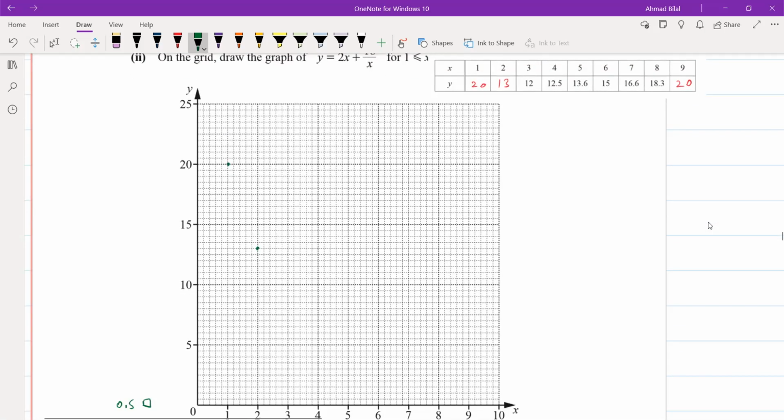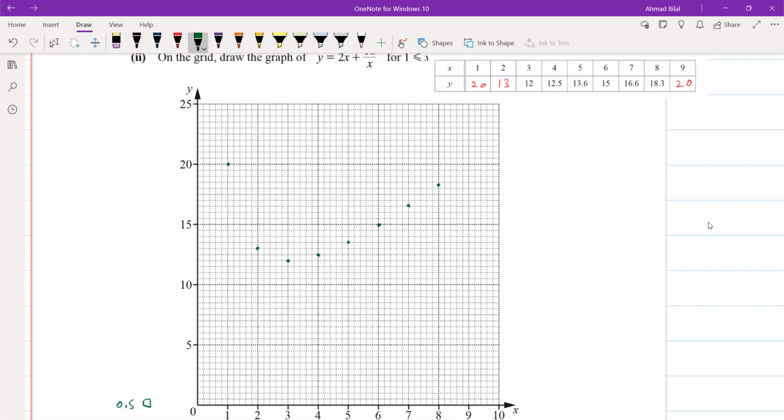So 2 and 13, that's going to be here. Then 3 and 12, that will be here. 4 and 12.5, that's right here. 5 and 13.6, that's here. 6, 15. 7, 16.6, so 16 and 6 almost. 8 and 18.3, this is 18, that's here.